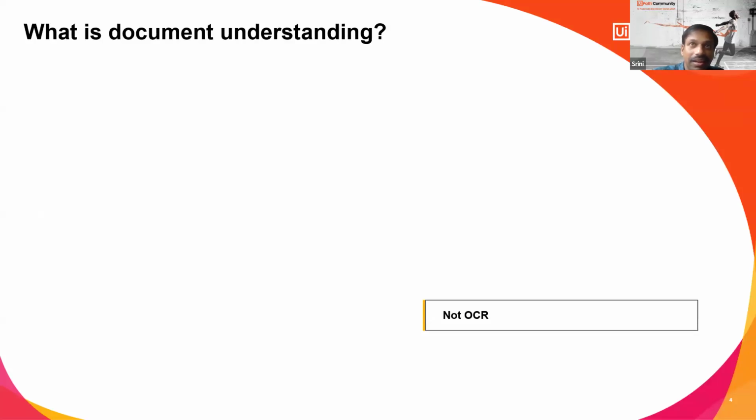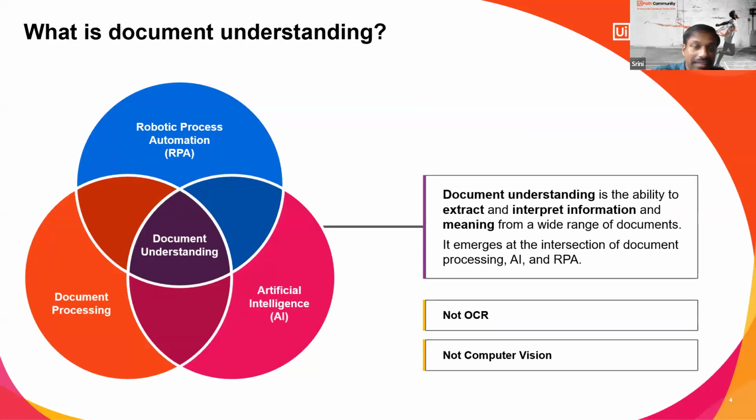And it's not computer vision either, because computer vision is limited to identifying objects, but not to understanding patterns and extracting data. So what exactly is document understanding? It is a combination of RPA, document processing, and AI capabilities.